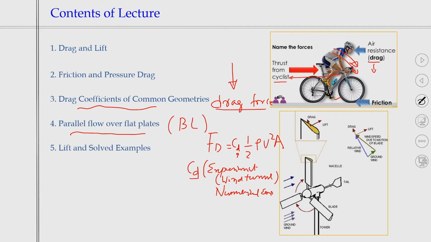Or we can do wind tunnel physical experiments to estimate the CD, because CD is a function of velocity, a function of rho, the density of the fluid. It depends upon the free stream velocity, and it also depends upon the frontal area, the shape, size and orientation.